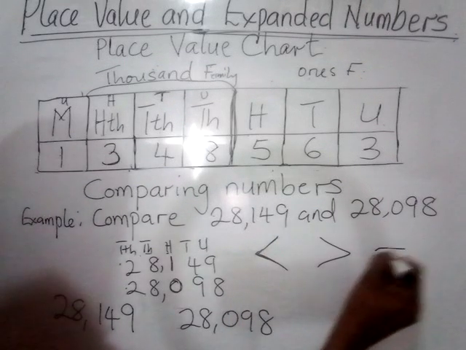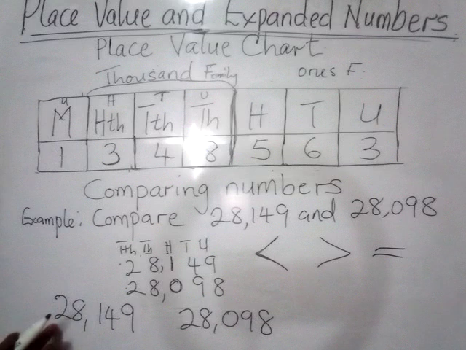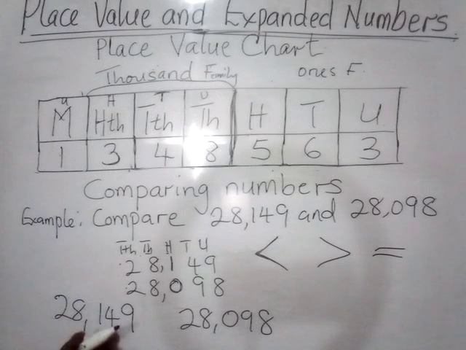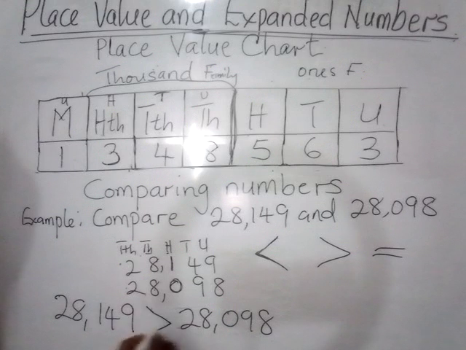Here, since we have concluded that 28,149 is bigger than 28,098, the crocodile mouth faces the first number, because we have decided that this first number is bigger than the second one.